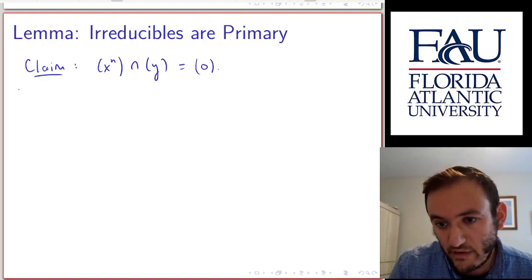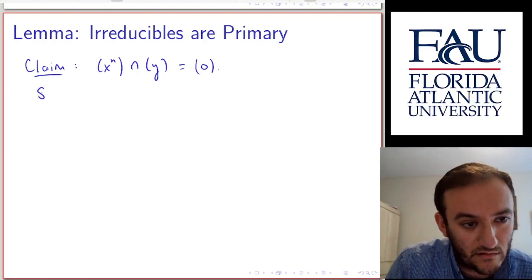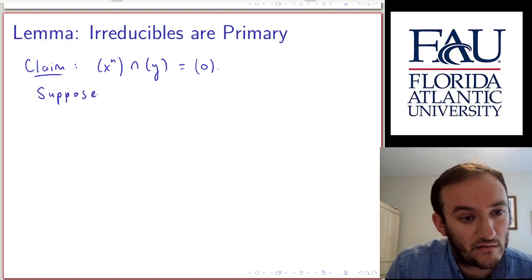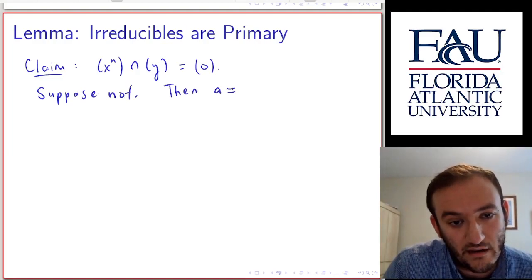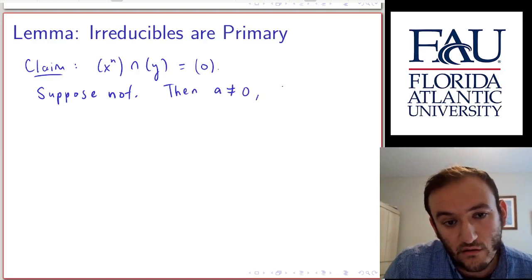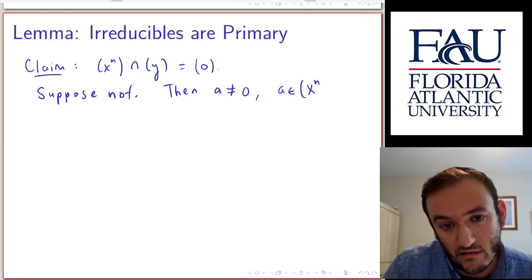Okay? If not, we would have some non-zero element. Okay, so suppose not. Then there is A not equal to 0 with A in both ideals.